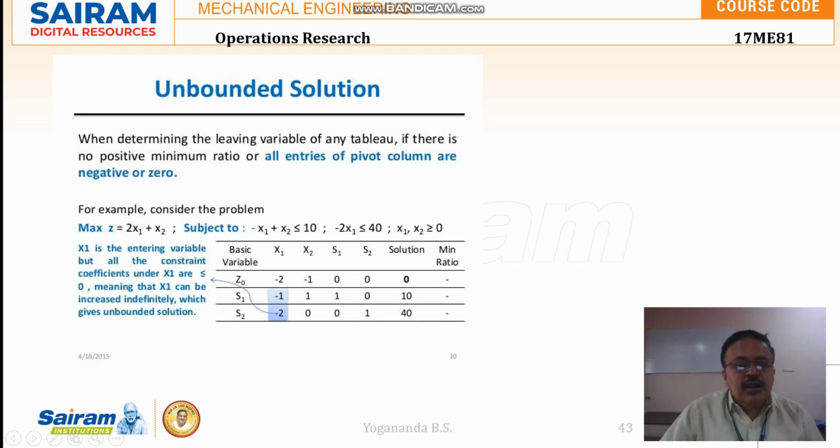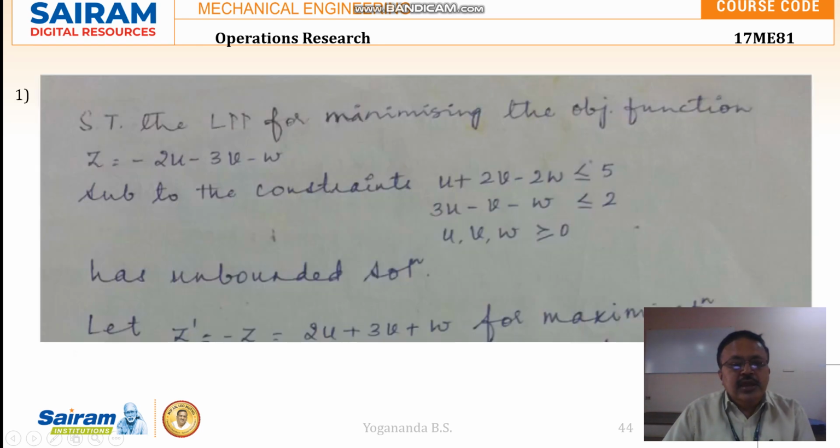That is, all of them have negative entries. So x1 is the entering variable, and x1 can be increased indefinitely, which gives the unbounded solution. We'll see a numerical here.